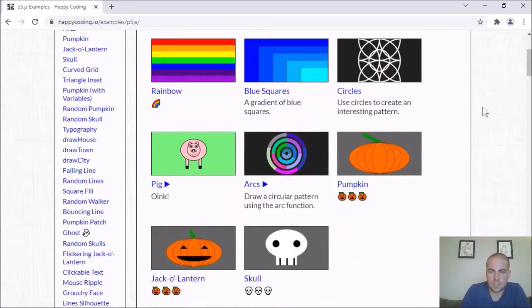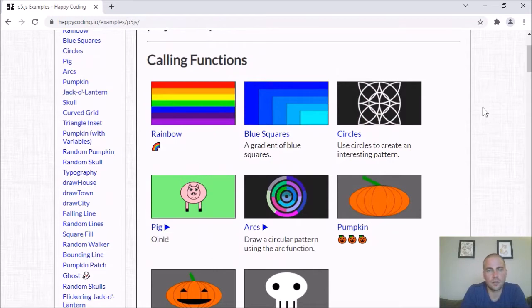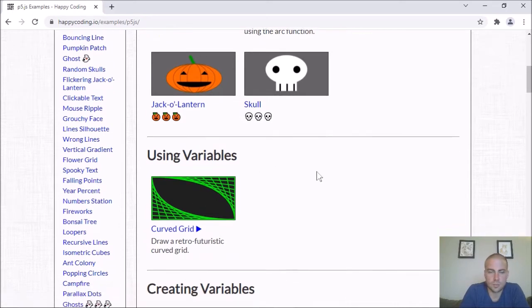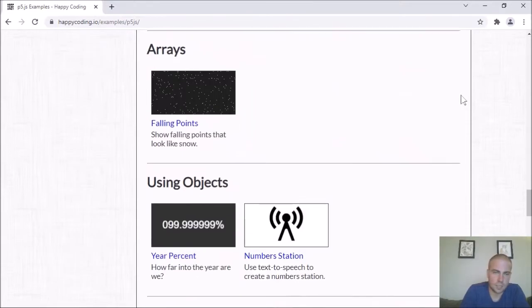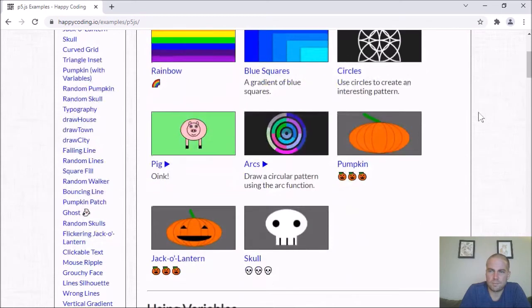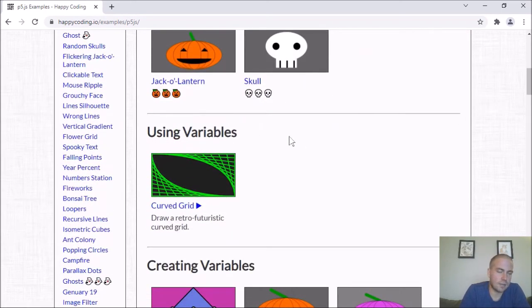But a few of these sections need more attention than others. For calling functions, I have quite a few examples, but for using variables, I only have one. For creating variables, I have a few more. There are a couple of reasons for that, and it comes down to how realistic it is. I think it makes sense to focus on using variables as one step by itself when you're learning.